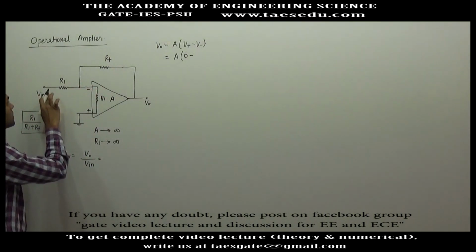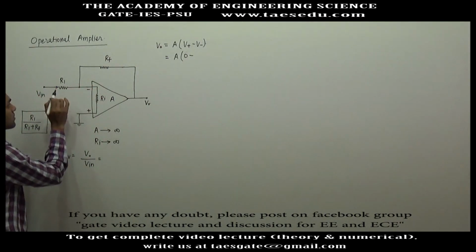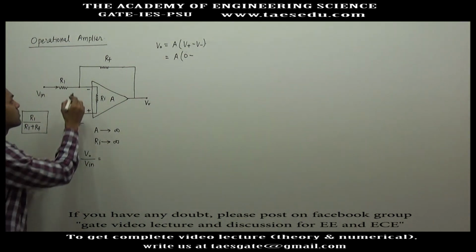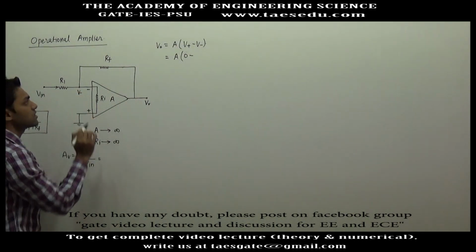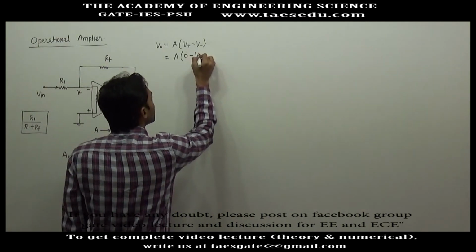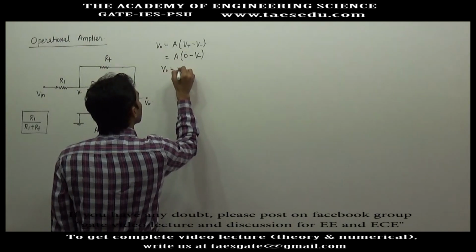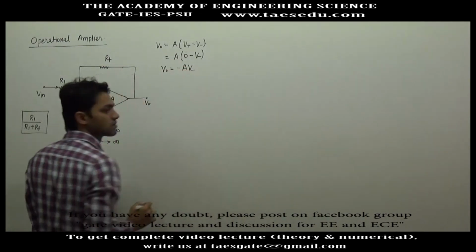This is at V input. There will be some current here. We don't know the value of current, but there will be some voltage drop. So V input minus this voltage drop. For now this is unknown, so we will assume it V minus only. So V naught will be minus A into V minus.